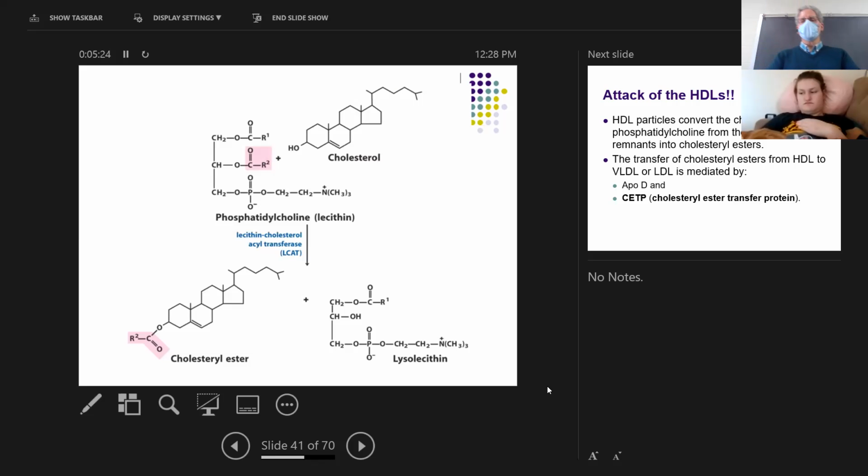They use phosphatidylcholine to convert unesterified cholesterol into a cholesterol ester. And then they make the lysolecithin. Lysolecithin, incidentally, is a pro-survival cytokine for cells. Just a little tidbit of information.